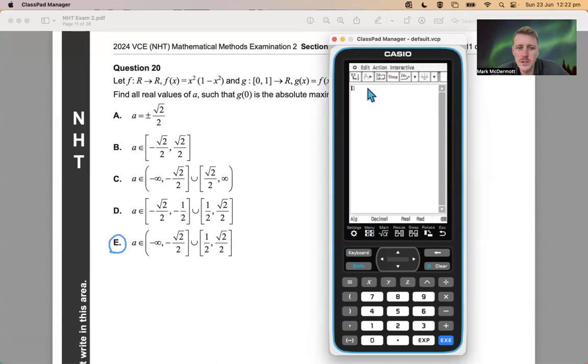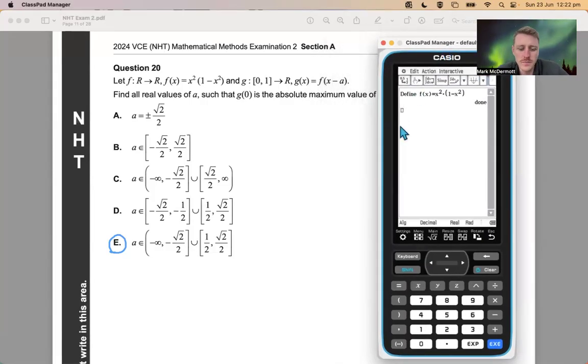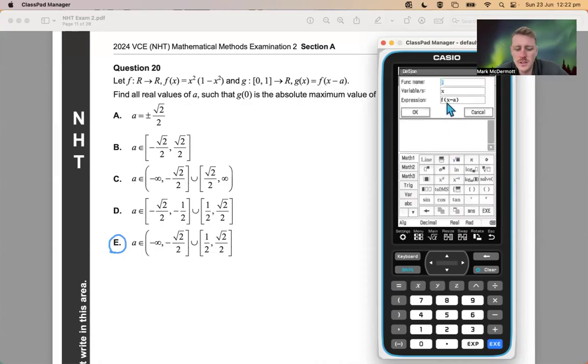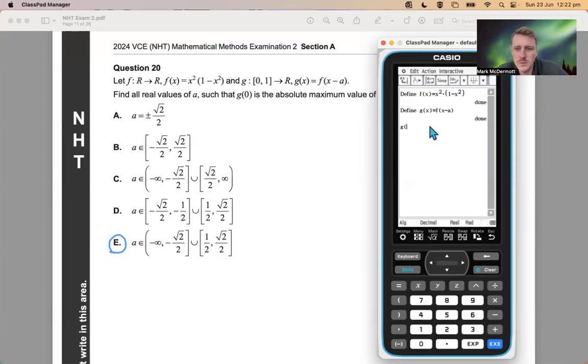So if I go to a main page, if I define it, x squared by 1 minus x squared, highlight that, interactive, define f of x. Okay, let's define g of x as f of x minus a. Interactive, define that as g of x. Okay, sometimes this doesn't work.